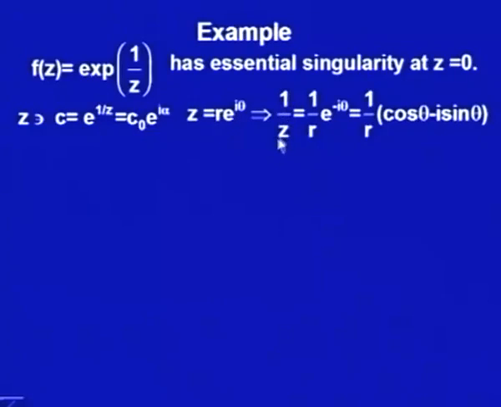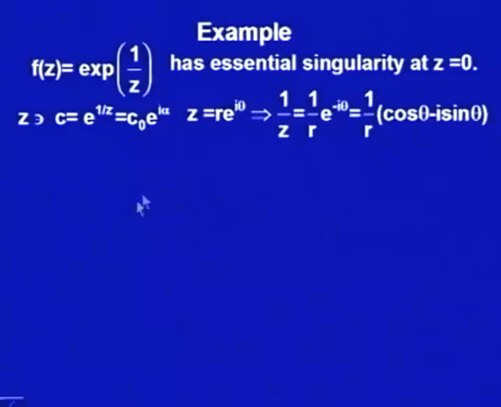Then 1 upon z would be 1 upon r times e to the power minus i theta. We know by Euler's formula that e to the power minus i theta can be written as cos theta minus i sin theta.